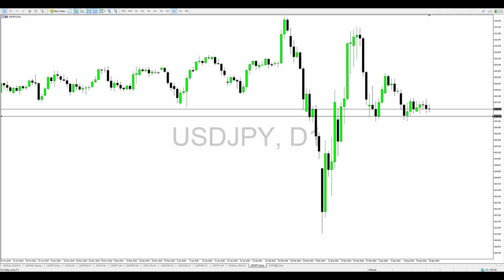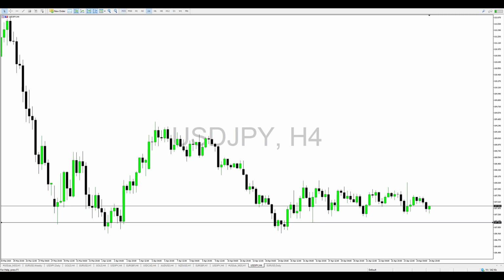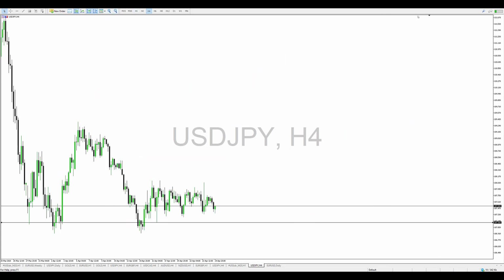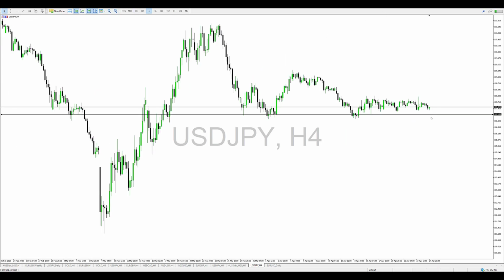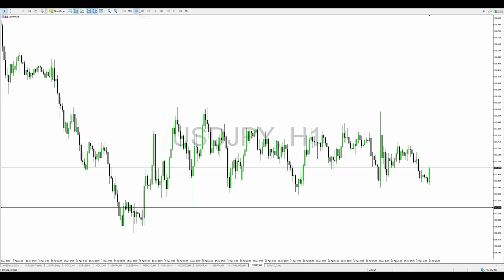So now looking at USDJPY, expecting a further bearish move to the downside on the yen, expecting market to trade to the downside, but it has to clear up the liquidity down here. Let's see what that looks like on an hourly chart.